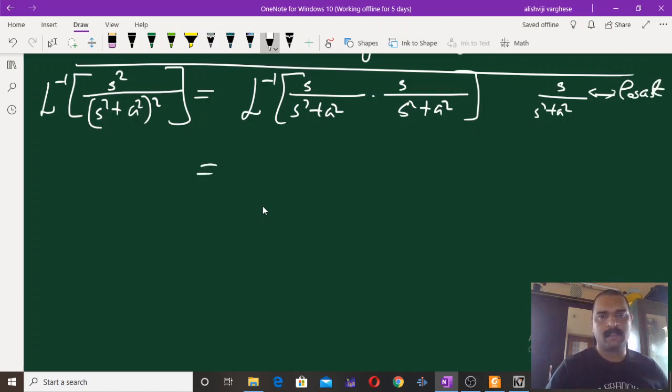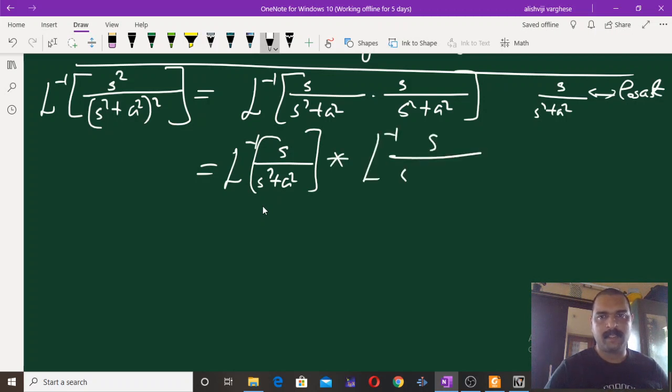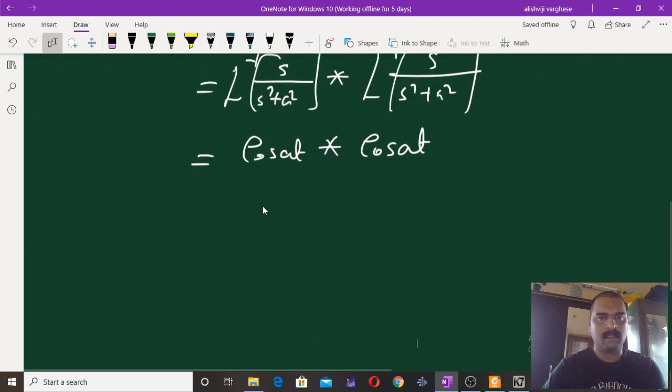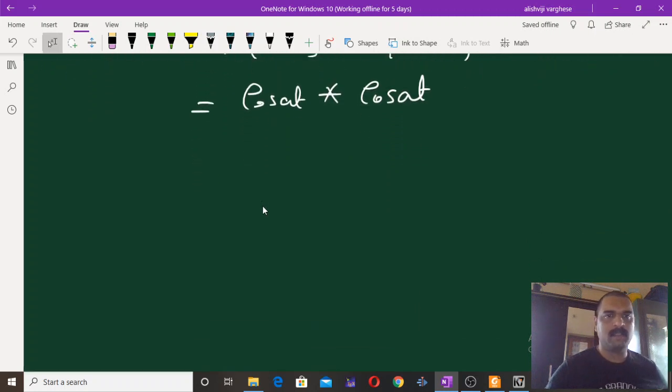So here it is a product of two Laplace transforms, and we can write it like this: L inverse of s by s square plus a square convolution L inverse of s by s square plus a square, which is equal to cos at convolution cos at.